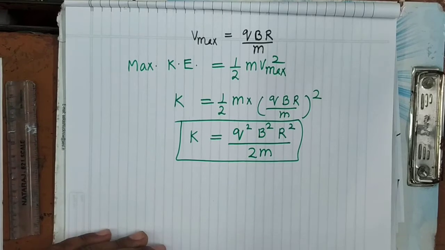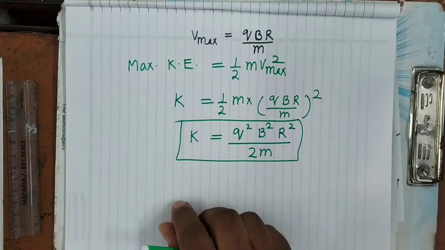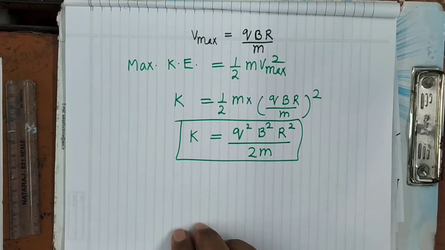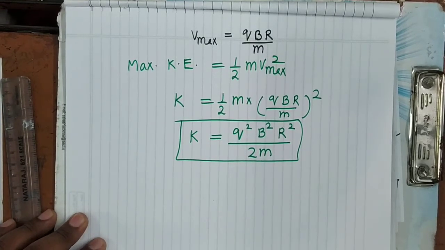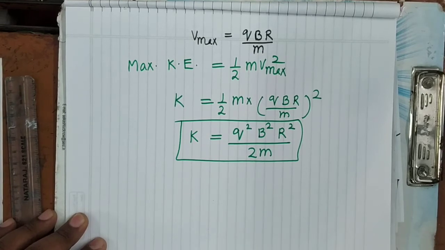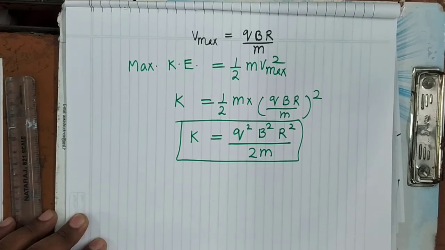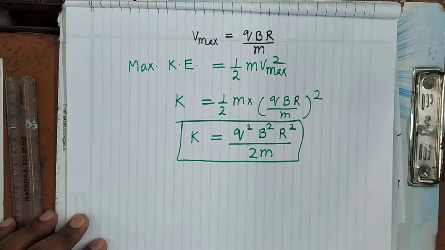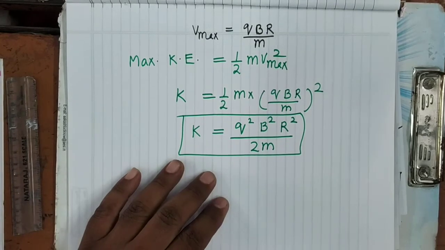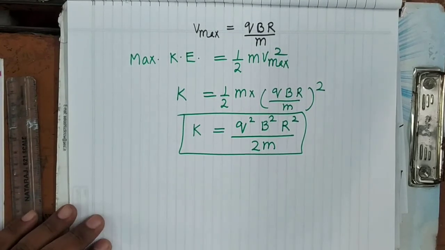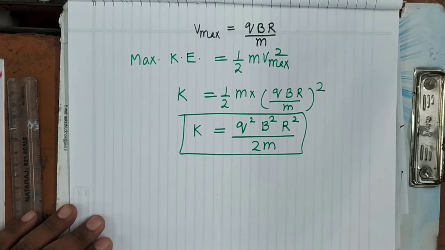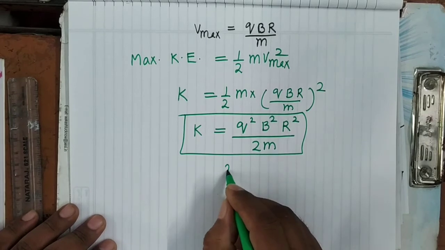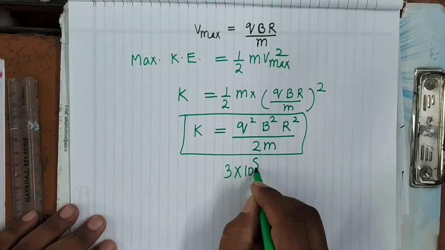Is it clear? Now see here, what will be the limitations of the cyclotron? This is very important. The cyclotron cannot accelerate particles to velocities comparable to the speed of light. It can accelerate particles to very huge velocities, but not comparable to the speed of light, not to this value of 3 into 10 power 8 meter per second.